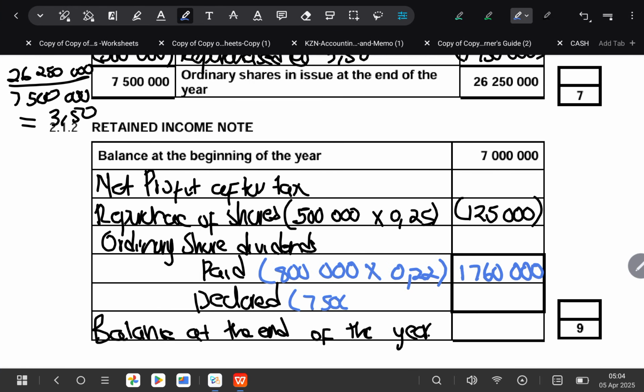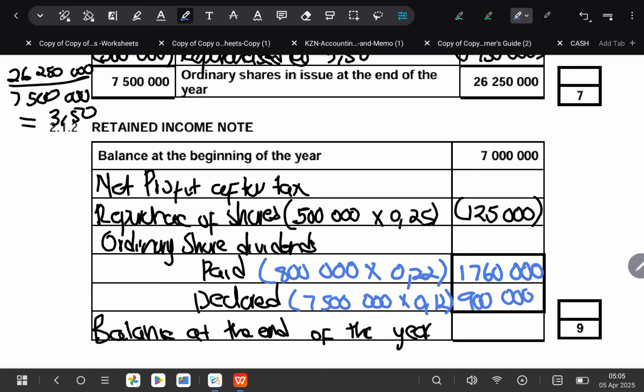So we'll say 7,500,000 multiplied by 0.12. Okay, so let's see how much we are going to get. 7,500,000 multiplied by 0.12 is giving us 900,000.